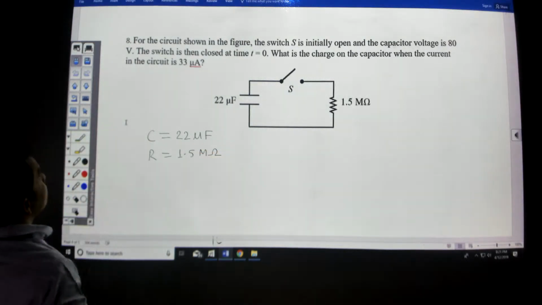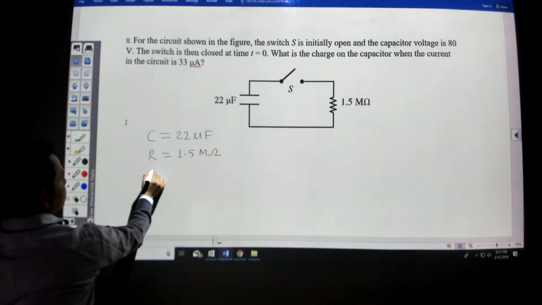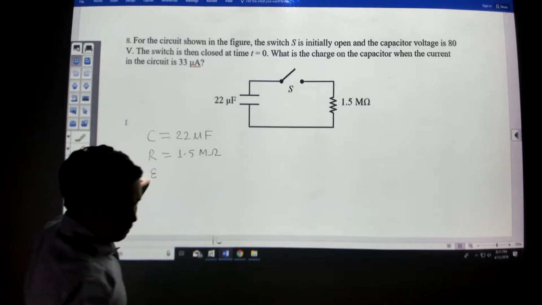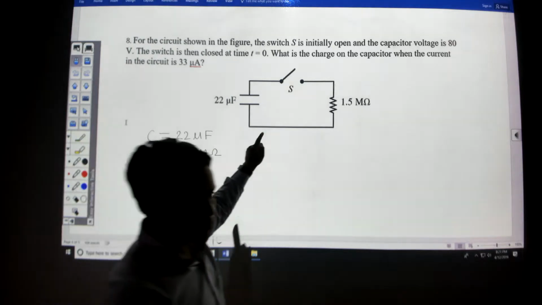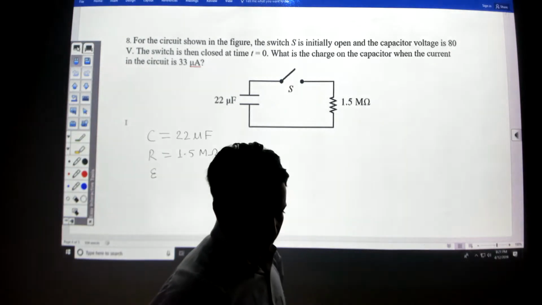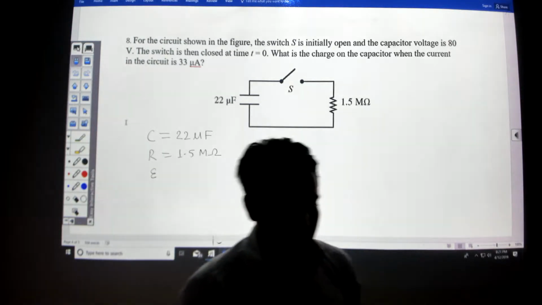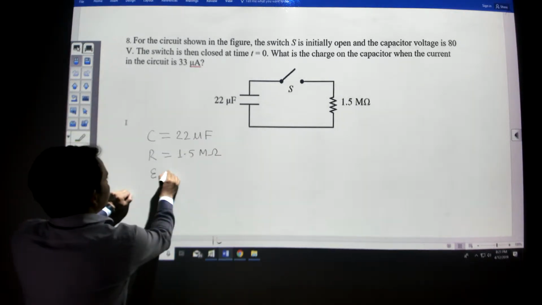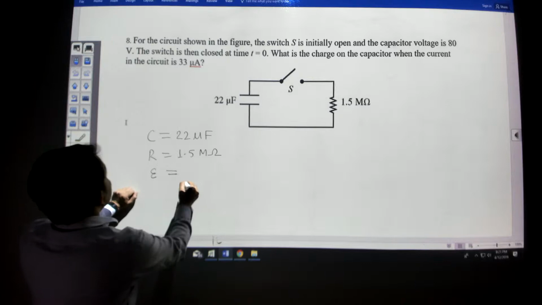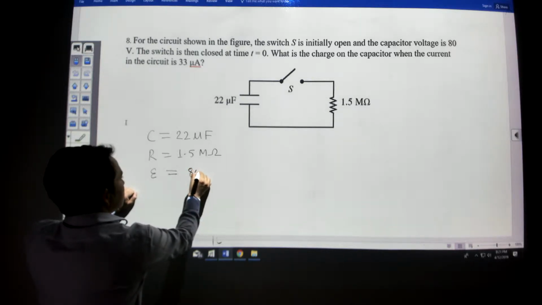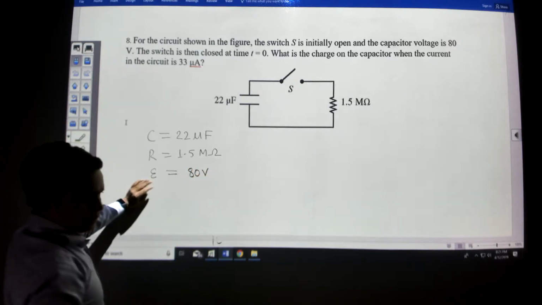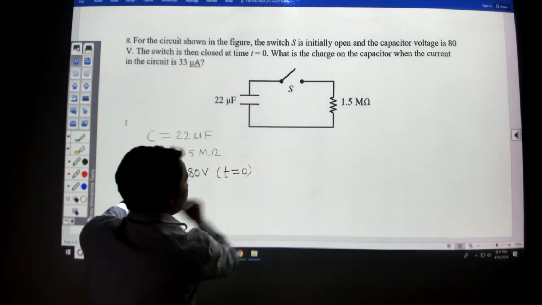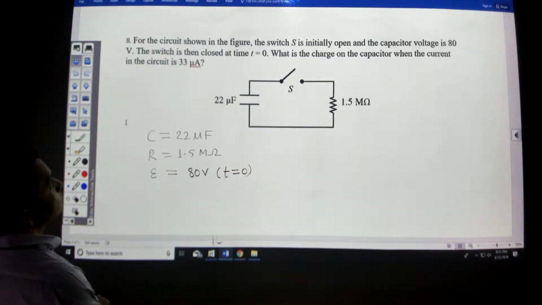And this is the maximum voltage across the capacitor, which is at the time t equals to 0, and this is given by 80 volt. This is the capacitor voltage at time t equals to 0.